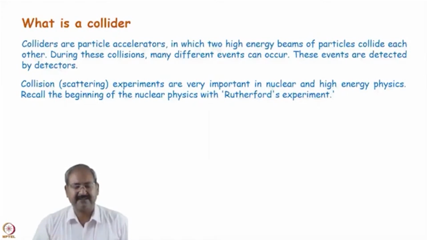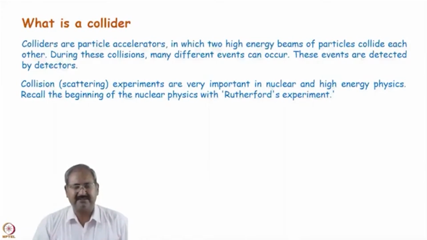Later he envisaged that if higher energetic particles were available, then the nucleus could be broken or split. Inspired by this, Cockcroft and Walton built the first accelerator, the DC accelerator. Using the beam of this DC accelerator, they split the lithium nucleus. So the accelerator's journey started with collision experiments.